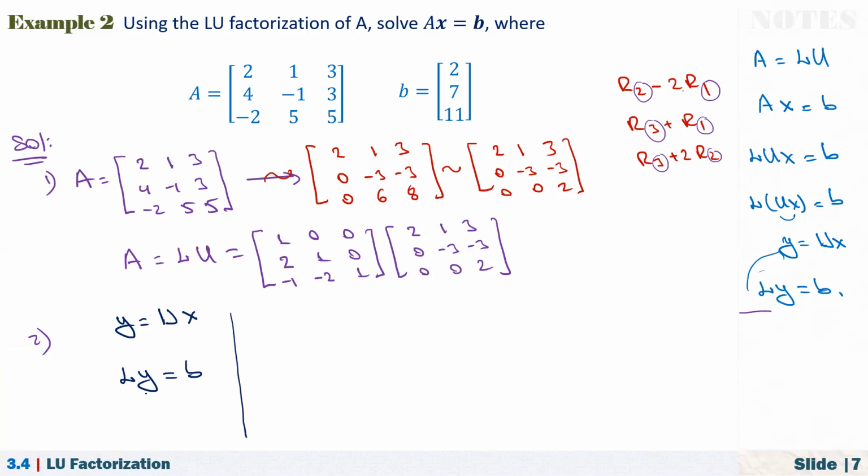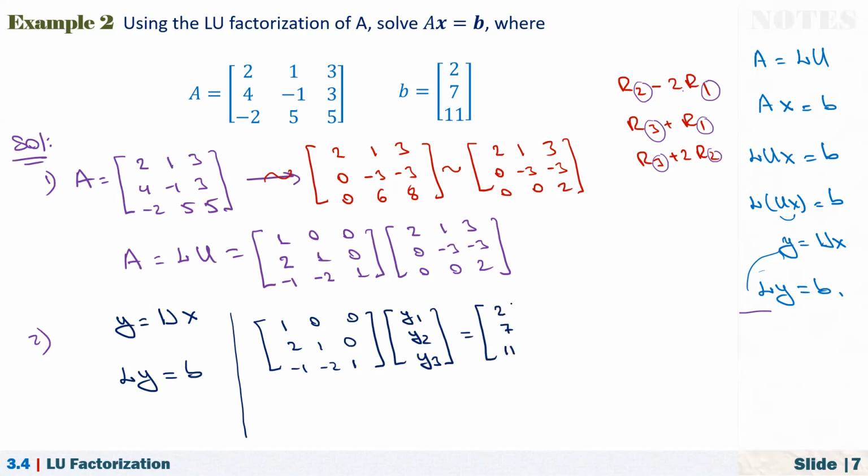What is L? If we just write this L, here we have 1, 0, 0, 2, 1, 0, minus 1, minus 2, 1. And Y, here we have Y1, Y2, Y3. On the right hand side, we have B. What is B? It is 2 and 7 and 11, right?